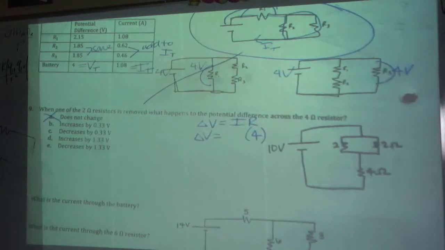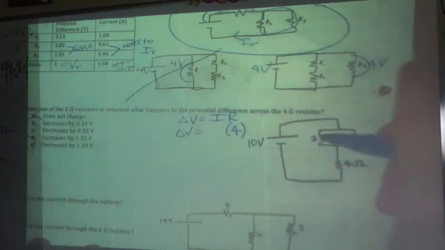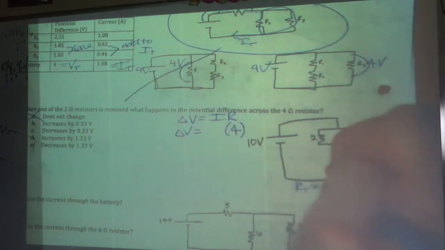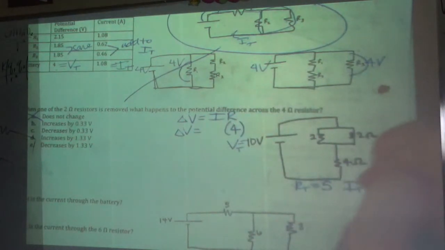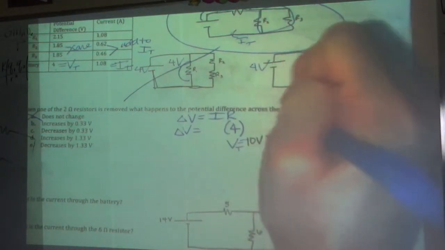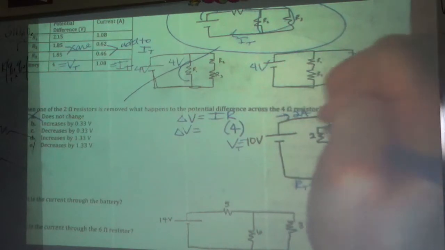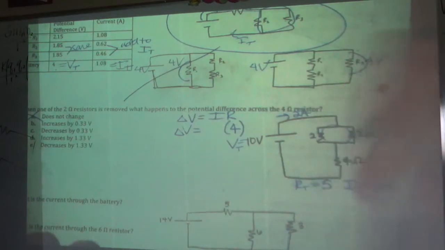Now to find out how much it's increasing or decreasing by, we're going to have to do the math. So 1 over 2 plus 1 over 2, 1 over that is going to get me 1 ohm. And then the 4, this one would have an R total of 5 then. If it has a V total of 10, then that means my total current is 2 amps. So I've got 2 amps coming out right here, and then it's going to split here, so I don't know those, but it comes back together, which means that this one has 2 amps.